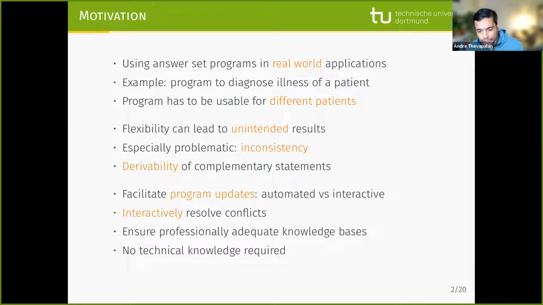What we want is to enable the knowledge expert to interactively resolve those types of conflicts, so that no technical knowledge about ASP is required, but we ensure that at the end, the modified knowledge base is still professionally adequate. And this is in principle not the case when we use automated ASP update approaches.